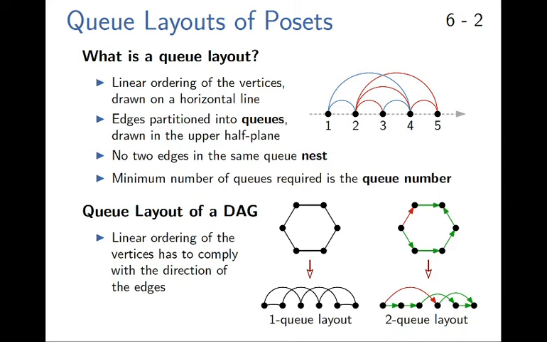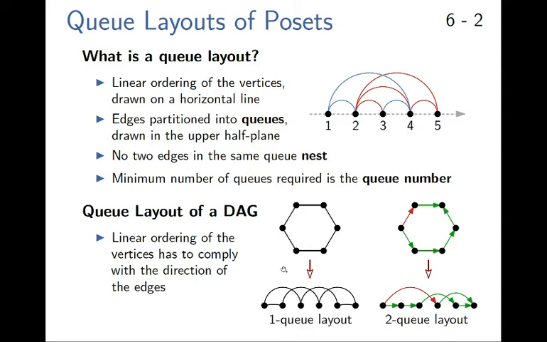In other words, we want the linear ordering in the layout from left to right to be a linear extension of the underlying poset. And of course, then we are interested in how many queues we need.